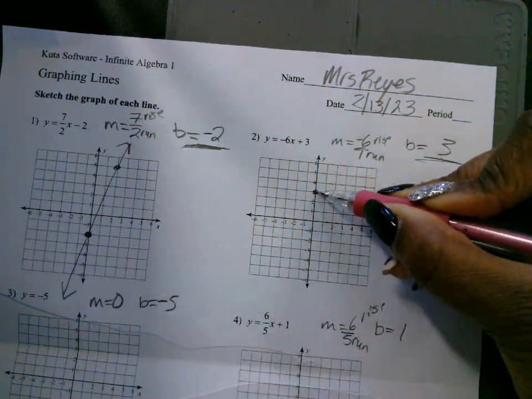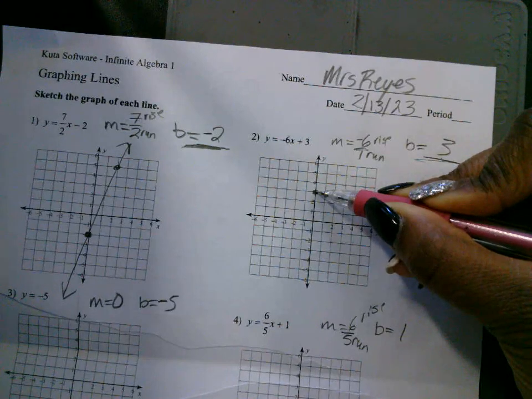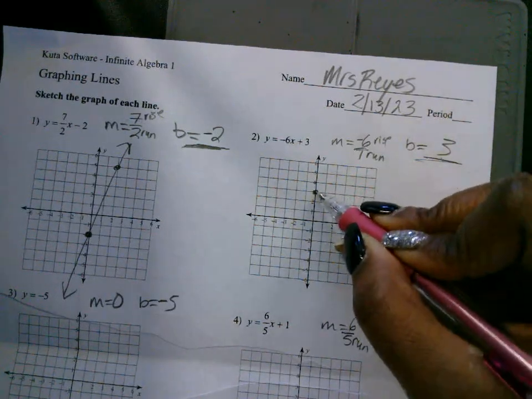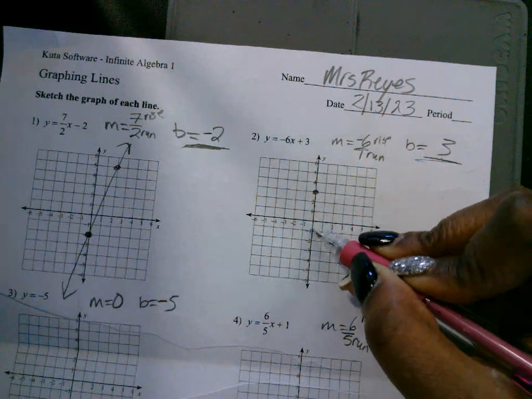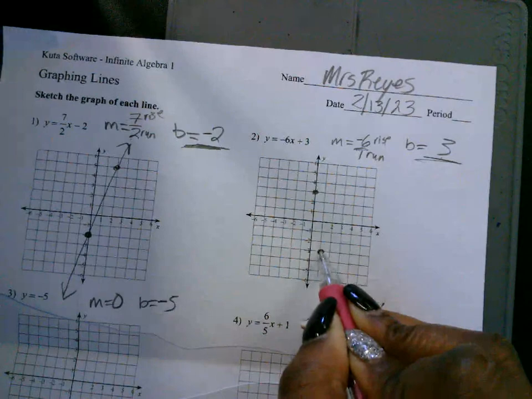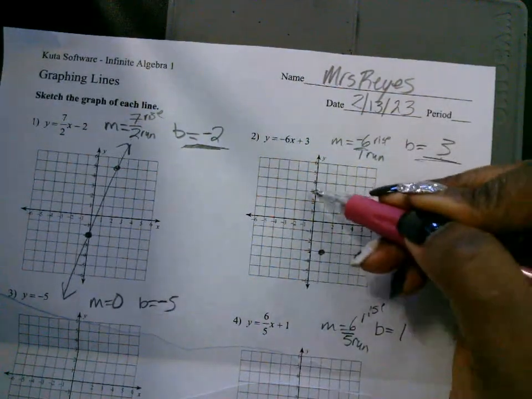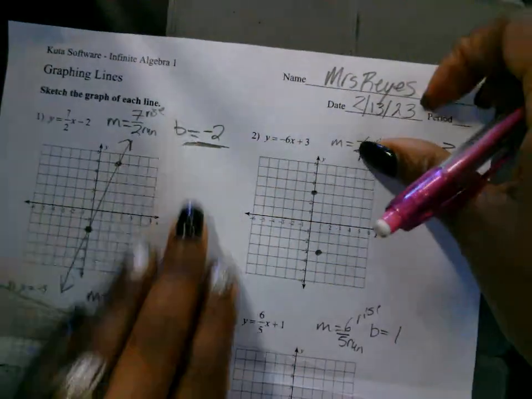This is where you start. Okay? Use your slope to put points on the line. You're going to go down 6 and to the right 1. 1, 2, 3, 4, 5, 6, and 1. You don't have enough space to go backwards either. So this is your line.